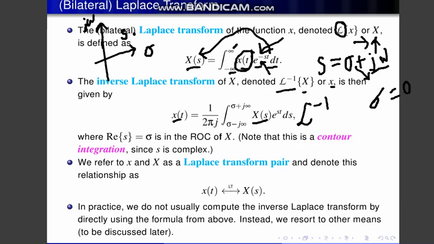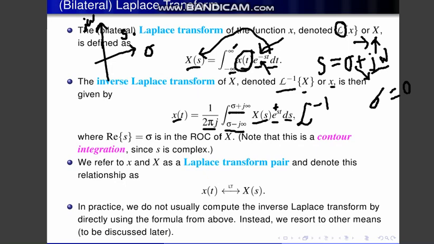X of s in the s plane is transformed, and e to the power st, where the minus will now be plus st, ds. That means the integration will occur in the s plane, and the range is minus j infinity to plus j infinity, with sigma. It is quite similar to both, but here you can see 1 by 2 pi j.